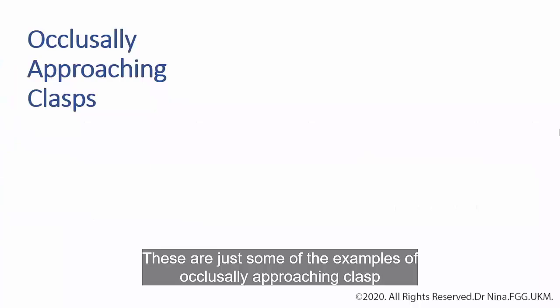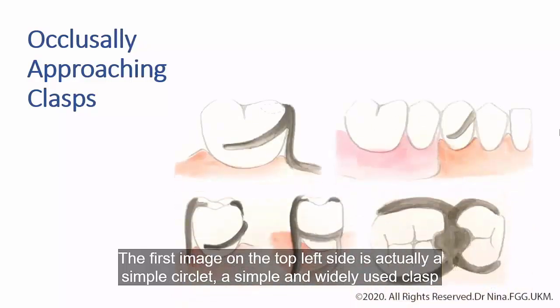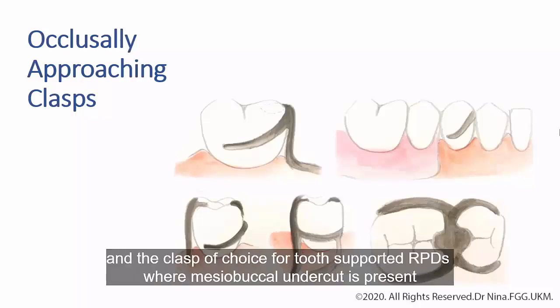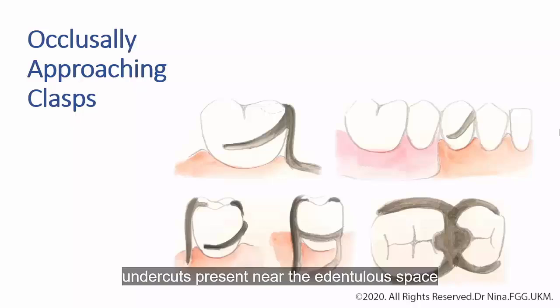Now, these are just some examples of occlusally approaching clasps that are commonly used. The first image on the top left side is a simple circlet, a simple and widely used clasp, and the clasp of choice for tooth-supported RPD where a mesiobuccal undercut is present. On the upper right side is what they call a reverse circlet. It is usually used when you have an undercut present near the edentulous space.